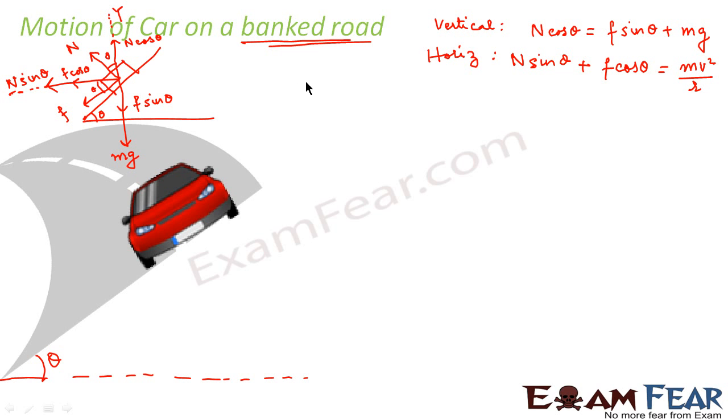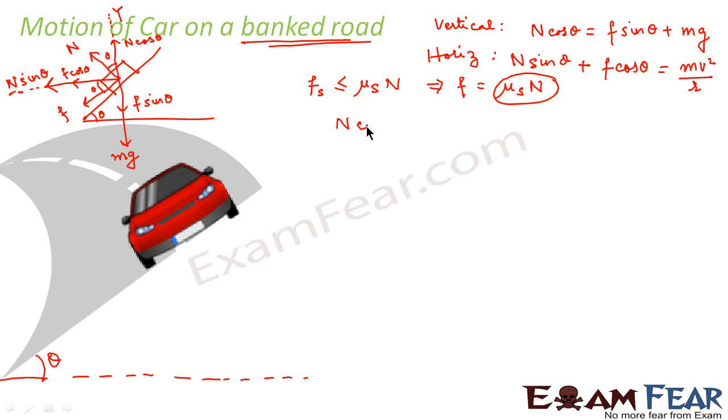Now we already know that the force of friction f is less than or equal to mu s into N. For the body to move, the value of f should be its maximum value, and the maximum value is mu s into N. Now we will put this value of f in the above two equations. So what do we get?